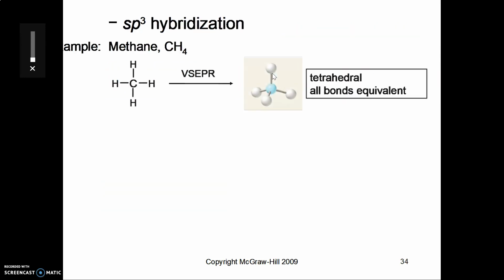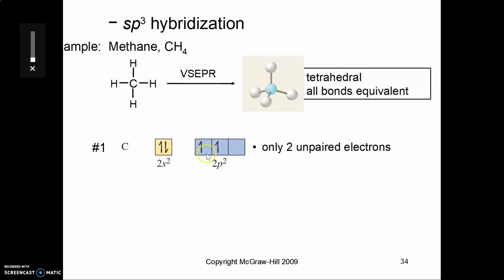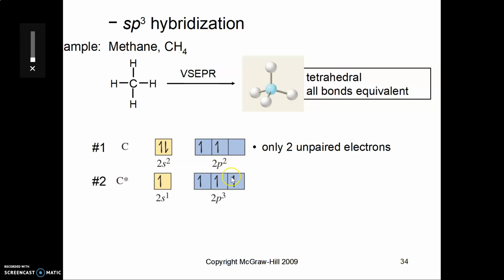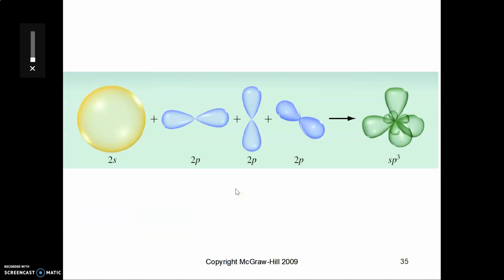You can also do sp3 hybridization. So our carbon has 2 unpaired electrons. We can hybridize, and we can get 1 in the s and 3 in the p. Now we're using 2s and all of our 2p's, so we get this sp3: 1 s and 3 p orbitals.